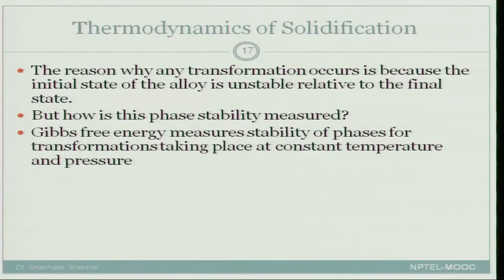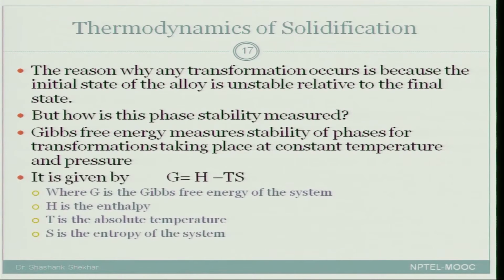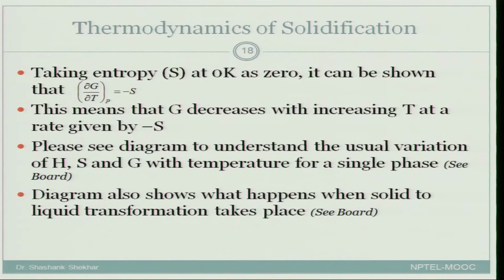There is the quantity Gibbs free energy, which measures the stability of phases for transformations taking place at constant temperature and pressure, and it is given by G equal to H minus TS, where G is the Gibbs free energy of the system, H is the enthalpy, T is the absolute temperature in Kelvin, and S is the entropy of the system.